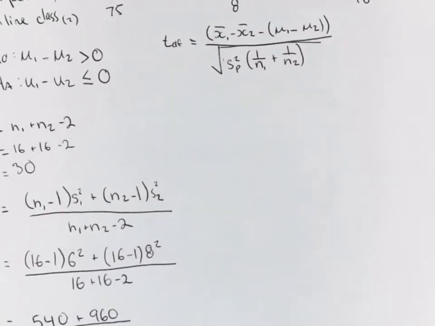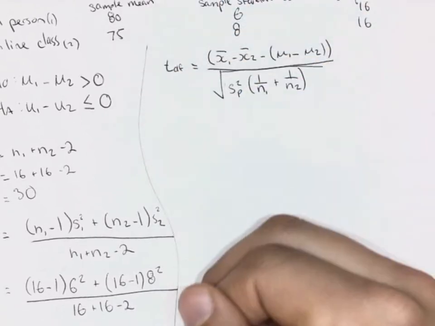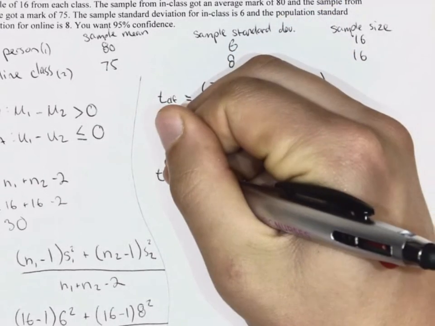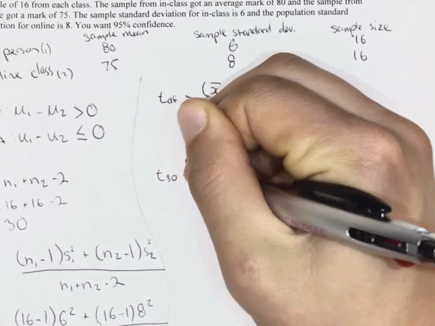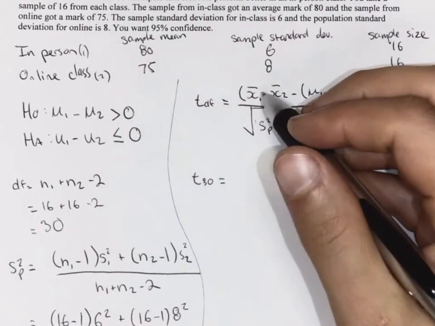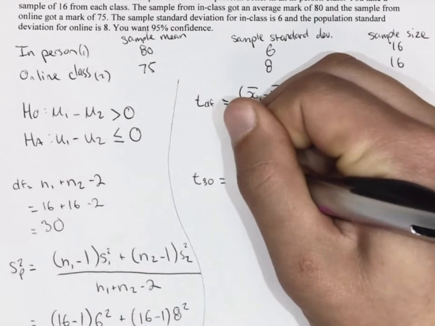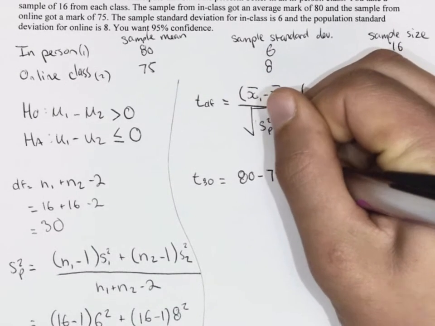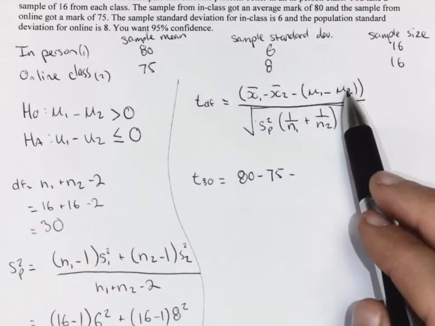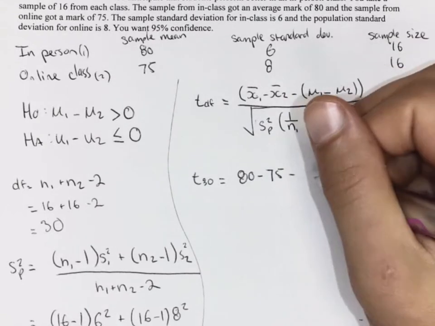So if we complete our formula up here, our t with the degrees of freedom of 30 equals our sample mean of in-person, 80, minus 75. Now this we have set as 0, so we don't think there'll be more than 0, so it won't be 1 or 2 or more, so this would be 0.